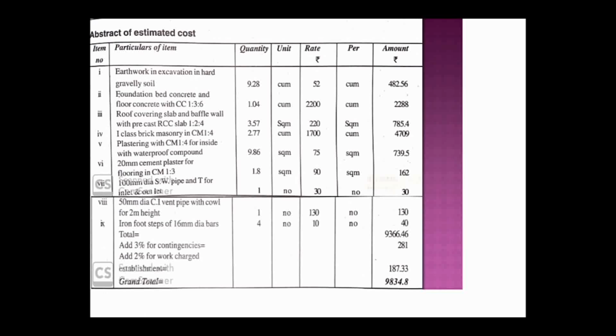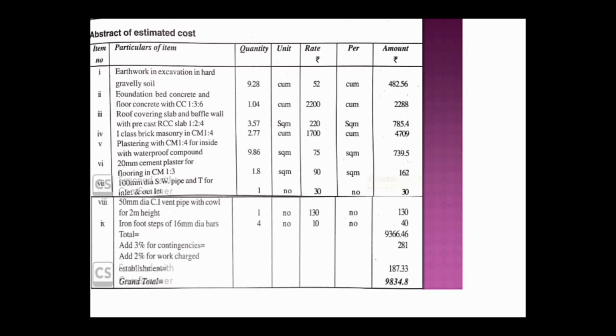Same way you have to do it for all the quantities. After doing that, you have to add all the amounts, and the total amount you are going to get is 9,366.46 rupees. After that we have to add contingency and work charge establishment. About 3% of contingency we have to add, and then 2% of work charge establishment.